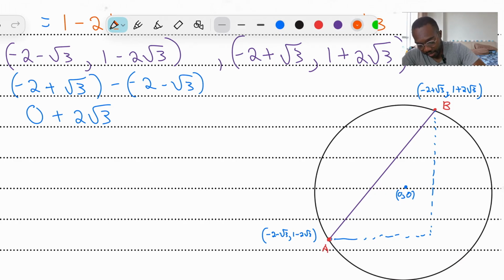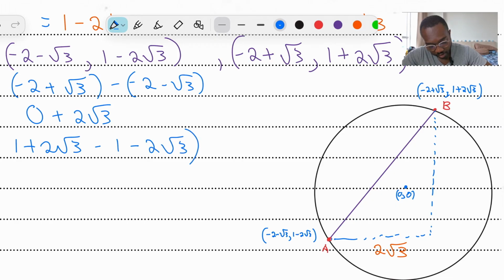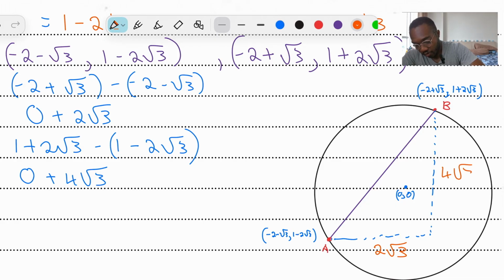So we know that this value here is 2 root 3. Then we do the same for the y values. So we get 1 plus 2 root 3 minus (1 minus 2 root 3). 1 minus 1 is 0, and then 2 root 3 plus 2 root 3 is 4 root 3. So this would be 4 root 3.